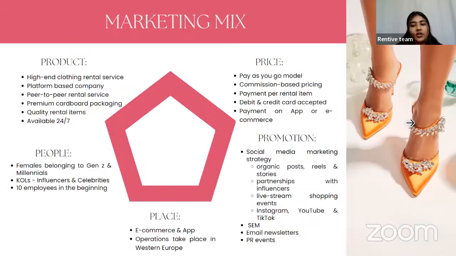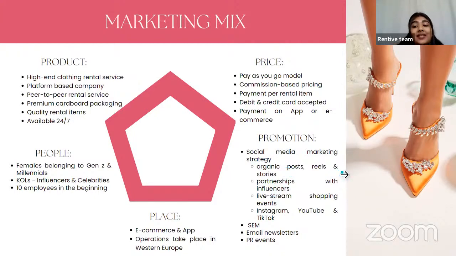Coming to the marketing strategy, in terms of marketing mix, we took into account the 5P strategy, as all of these aspects are what makes Rentive. The products consist of our app, high-end clothing, and sustainable packaging, with a commission-based pricing model where consumers can pay as they go based on rental period. We will have a full-fledged digital-based promotion on social media, events like a launch event in a pop-up store format, SEO, and SEM marketing to stay on top of our competitors.